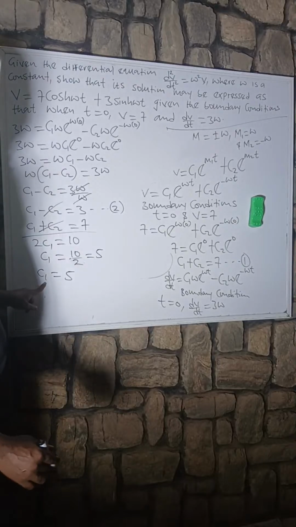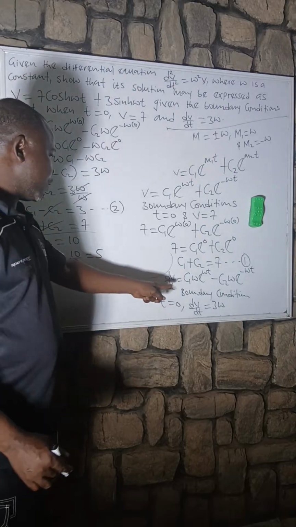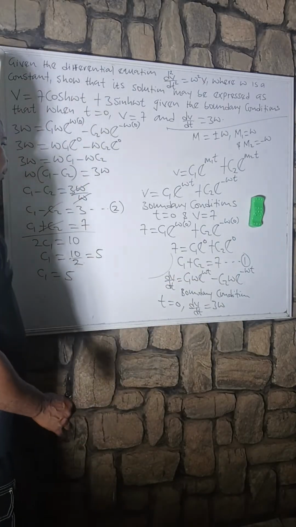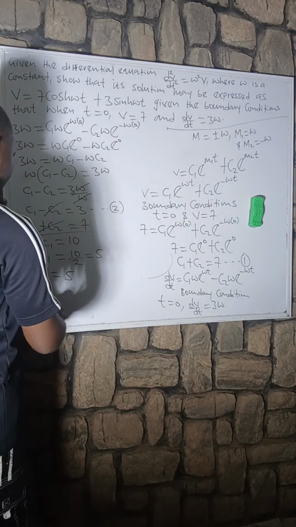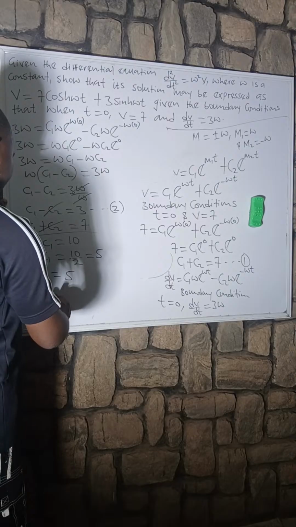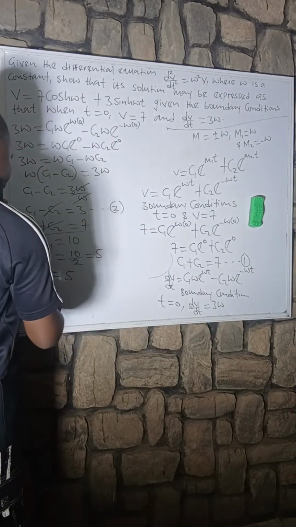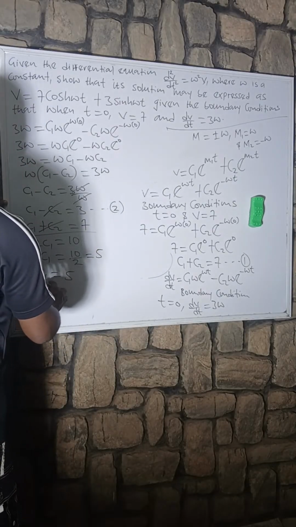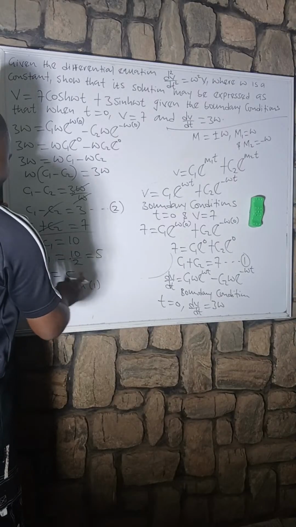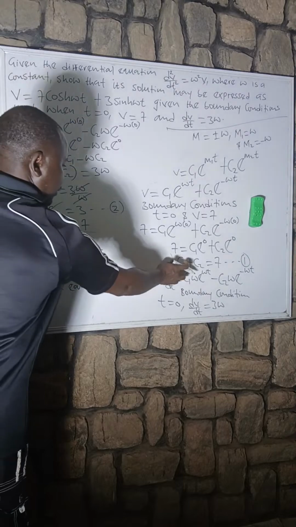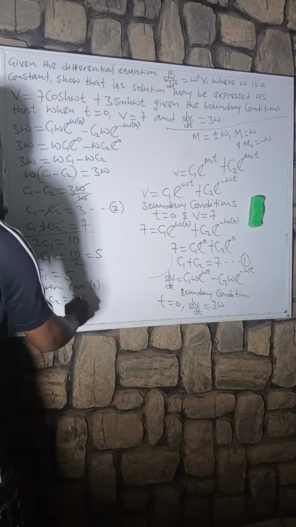Then from this c1 equals 5, we can obtain our c2 from equation what? From equation 1. So by the time we substitute in 5 here, we are going to have 5 plus c2 equals 7.